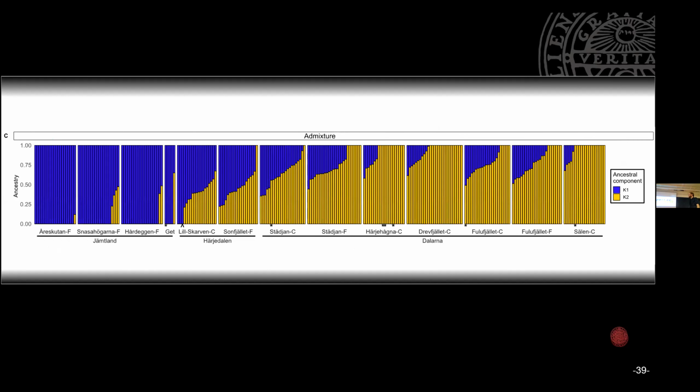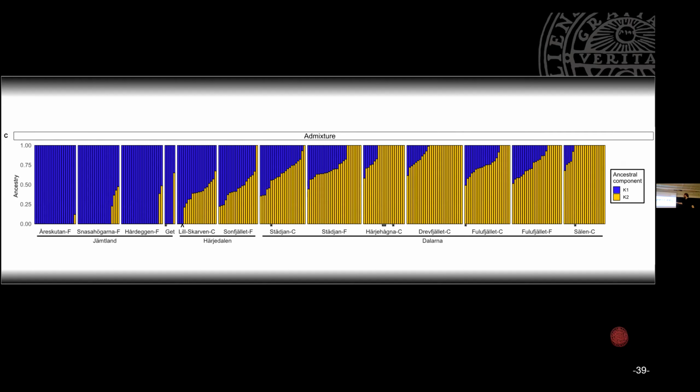There's another way, which is called admixture, which is basically looking at all this genomic material and seeing how many ancestral components it is coming from. So if you look at the ancestry, every bar represents an individual, and the color depends on which ancestor they come from.